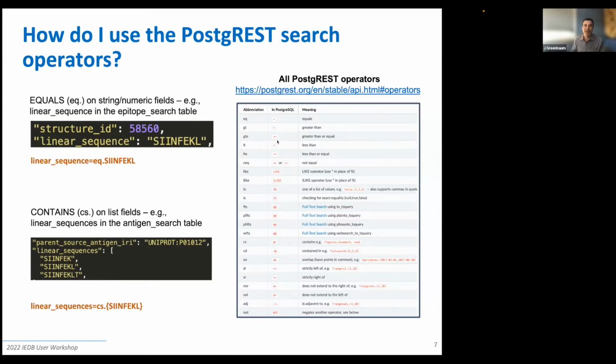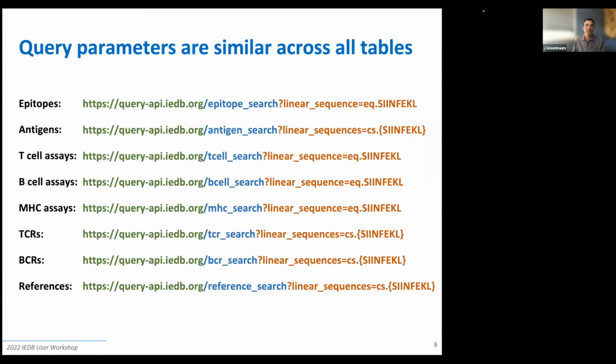And like I said, there are search operators for many of the different database operations that PostgREST provides by default, so mathematical operations or comparisons like greater than or less than, like operations, so pattern matching. It's really comprehensive and useful. The way that the tables have been put together, we allow you to reiterate pretty much the same queries across all of the different tables to recover the related information between them.